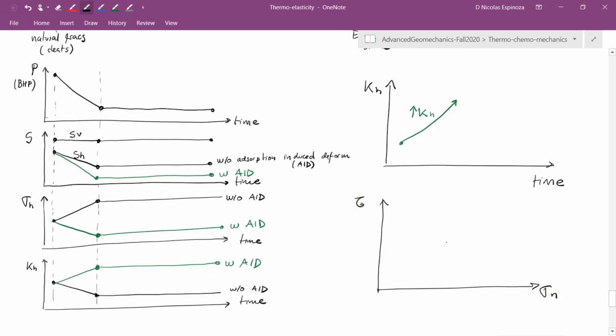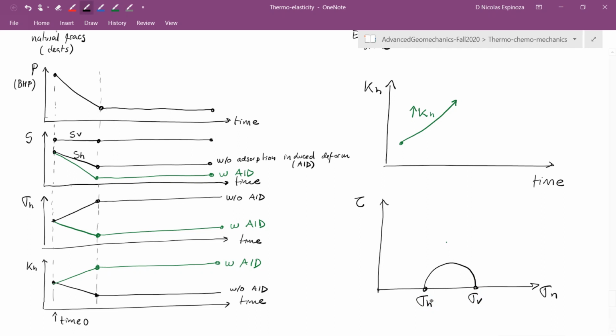Let's draw the Mohr circle at the beginning over here at time 0. At time 0, let's say that we have a state of effective stress, which is here, where this is the effective vertical stress and this is the effective horizontal stress.